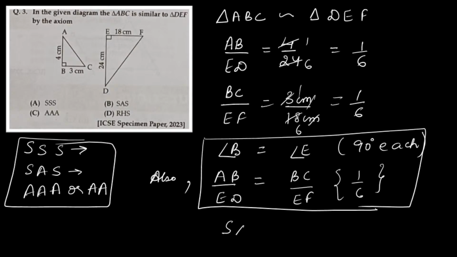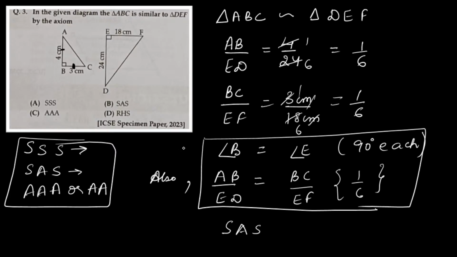Very rarely you will have to use this rule. Most of the questions we do by angle similarity. But rarely you might get this type of question where you will have to use this rule. So this rule says the ratio of the two sides and the including angle should be equal. See here, one side I am using AB, another side I am using BC.